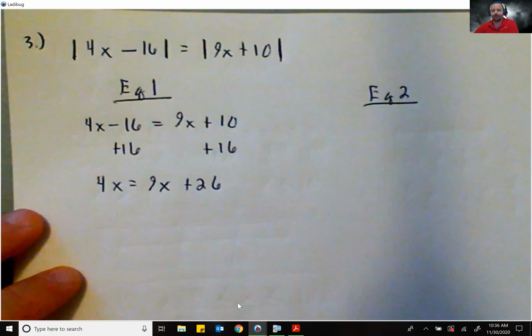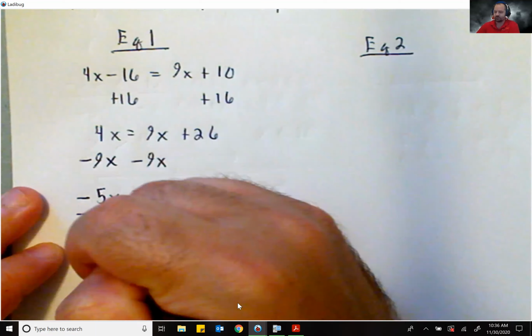Minus 4x, we can do that, but let's move the 9x, because if I do that, I still have to move everybody again. So let's move this over there. That'll give us negative 5x equal to 26. And now what? Divide by negative 5 on both sides. You got it.